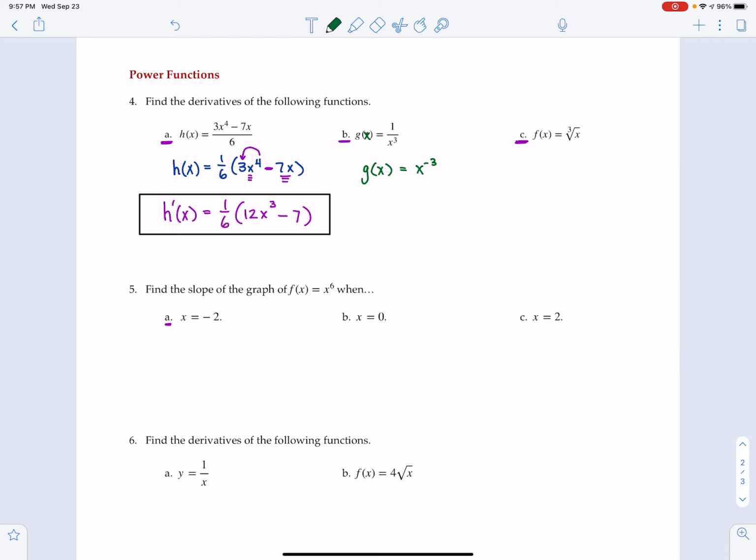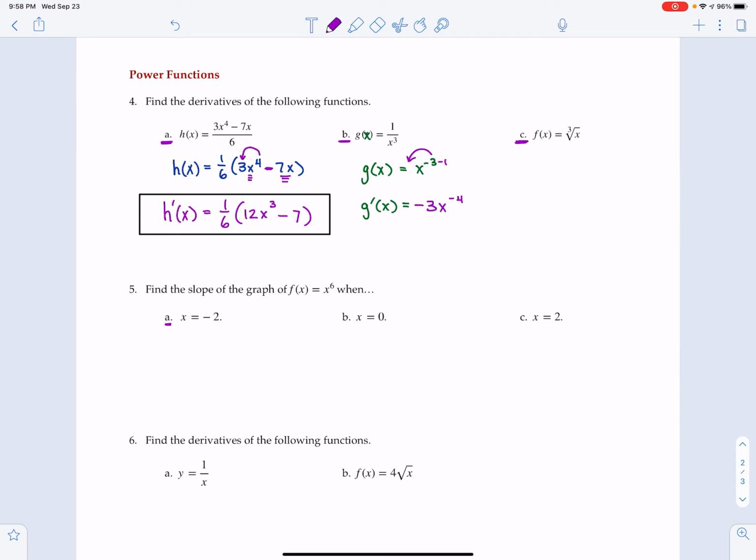Even though it's a negative exponent, it's still a power function. So g prime of x equals, we're going to take the exponent down in front. There's no coefficient, so the exponent becomes our new coefficient, -3 times x to the, and then we're going to do -3 minus 1, which is -4.